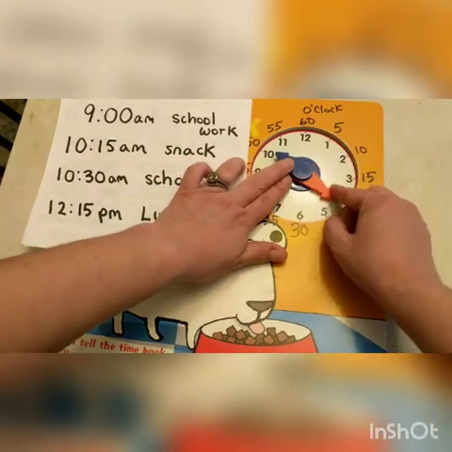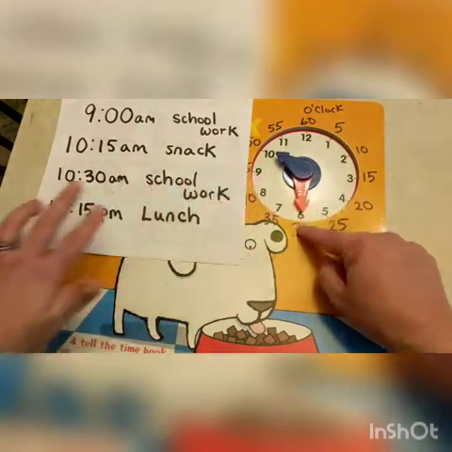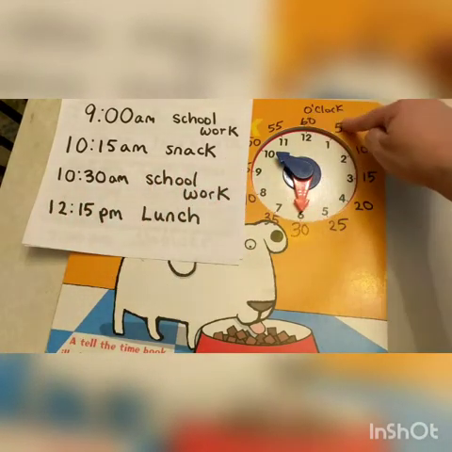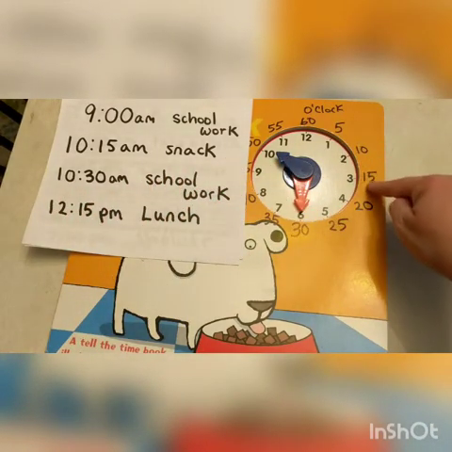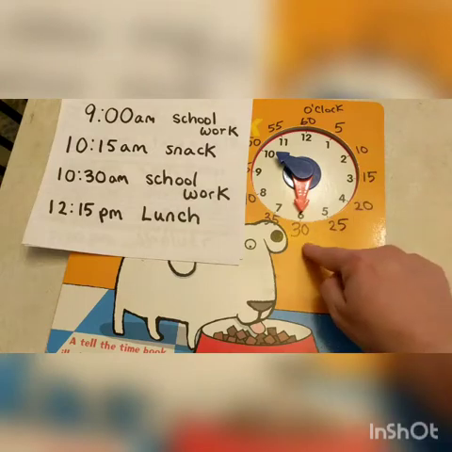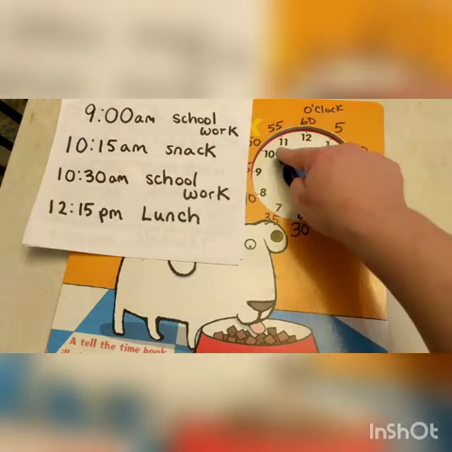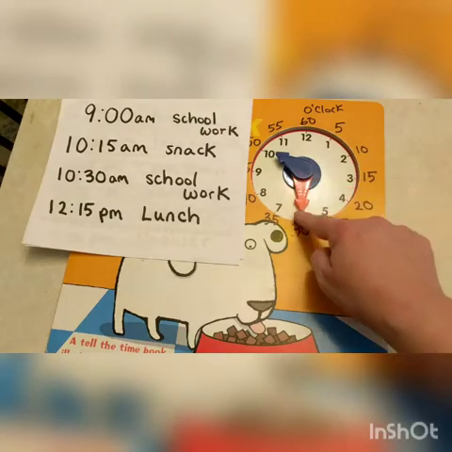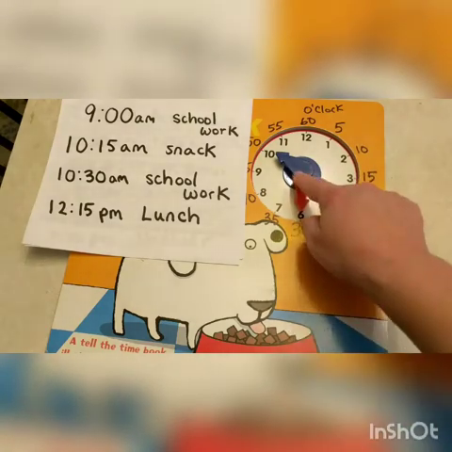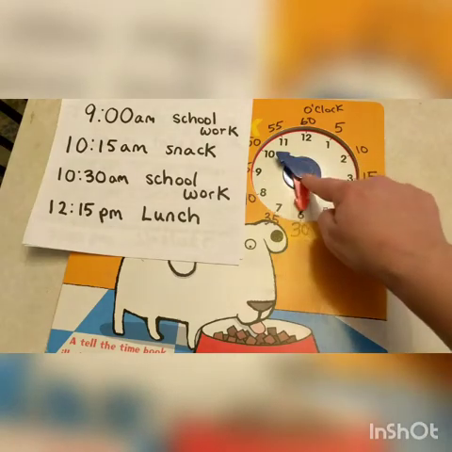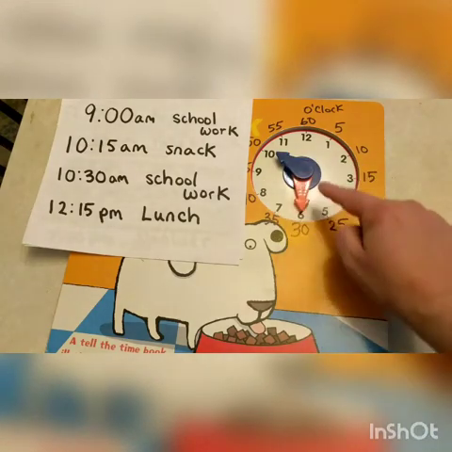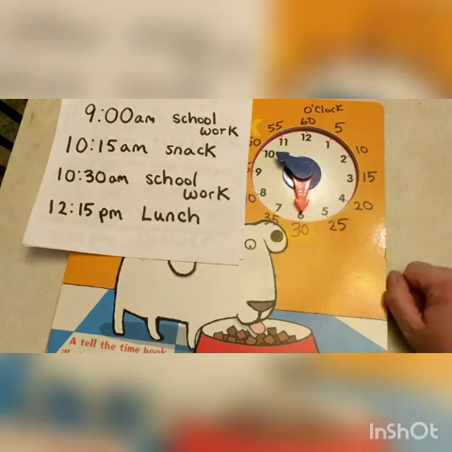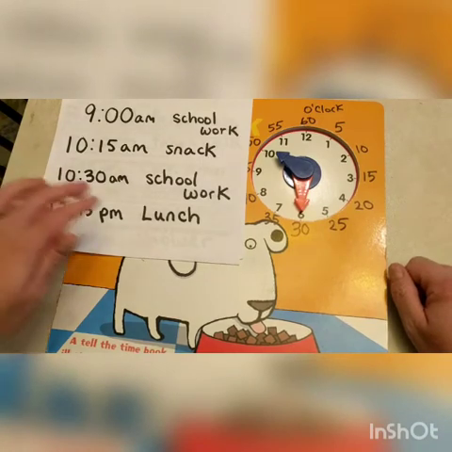And if we don't remember that, friends, we can skip count by 5s. 5, 10, 15, 20, 25, 30. So my hour hand is at the 10 and my minute hand is facing straight down at the 30. So this is showing 10:30 or a half past 10.